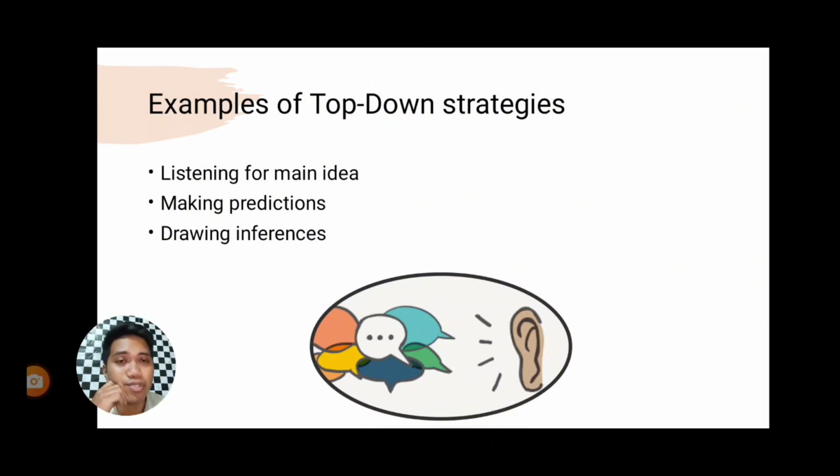For example, a person is sweating, so you are inferring that he came from a very long run, or maybe he had his exercise. That is actually drawing inference. So you are using a top-down strategy for that.